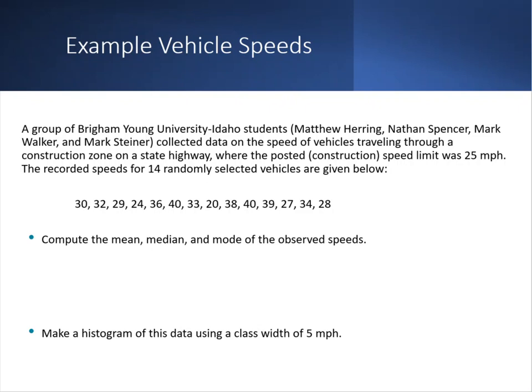Remember, that's how we handle a list when I want to find the median. Since I'm going to have to find the median along with the mean and the mode, I might as well order the list to start with. Then I'm going to take the list, add up all of those numbers, and divide by 14 because that's how many total numbers were in the list.